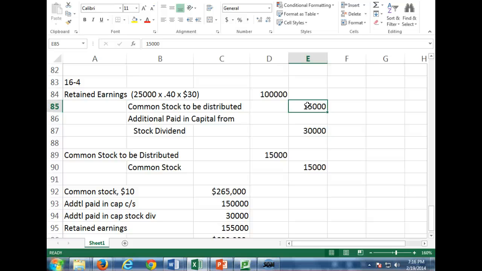How many shares is that, guys? 10,000 shares. The 100,000 should actually be 300,000. We take 25,000 times 40% times 10 bucks. Times 30 is what you have up there.